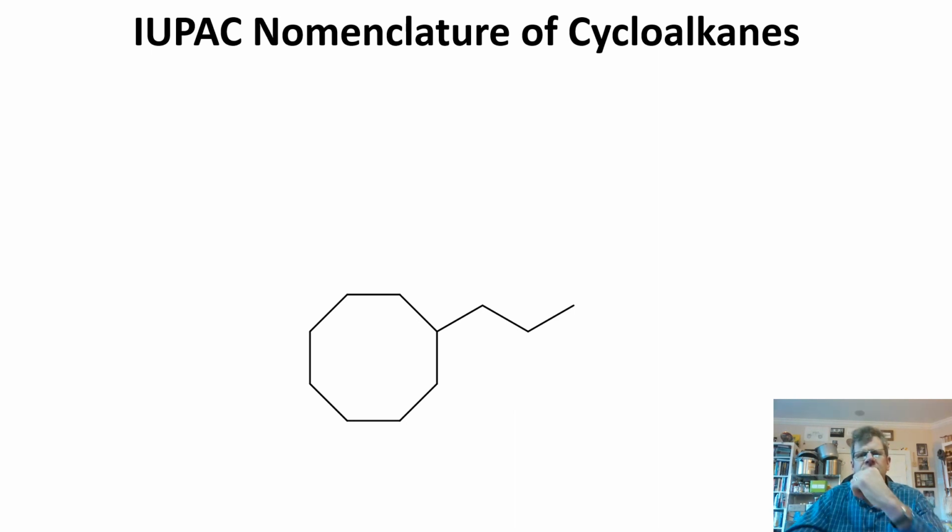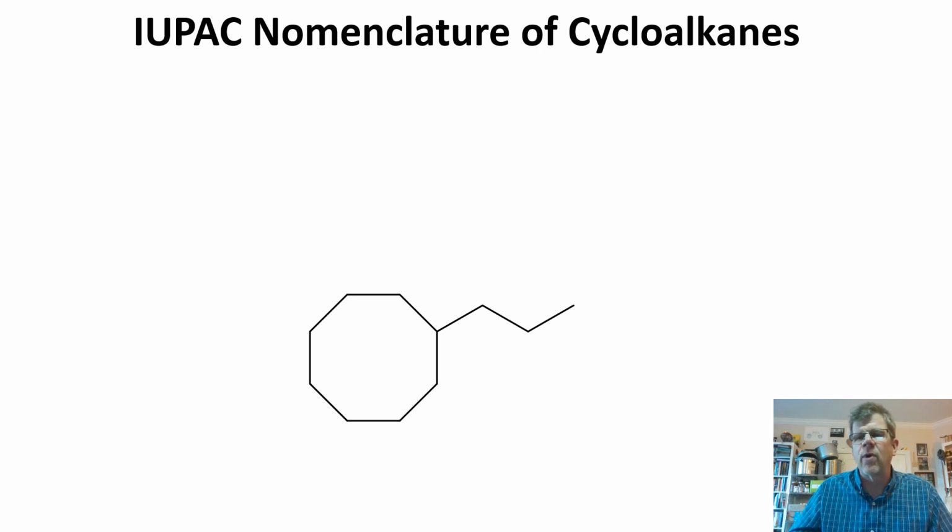And the first thing we do in alkane nomenclature, whether it's cyclic alkane nomenclature or linear, is to discern a parent structure. So I'm going to tell you what you never, ever want to do in nomenclature, ever. Never count from the inside of a ring to the outside, or from the outside of a ring to the inside.